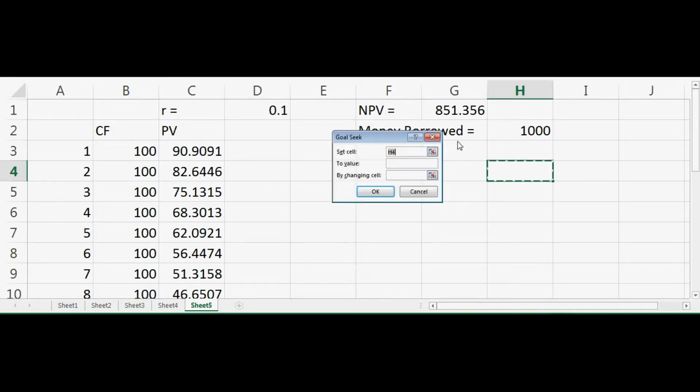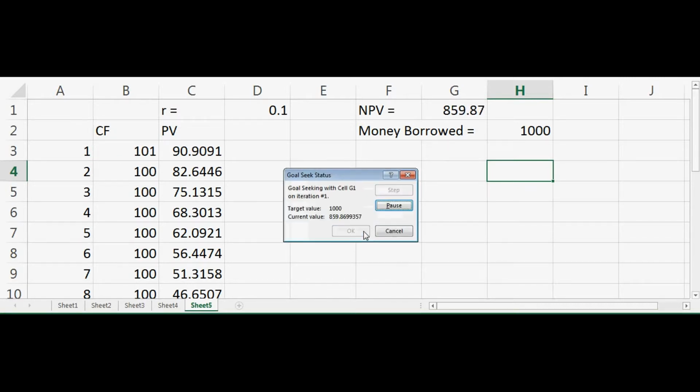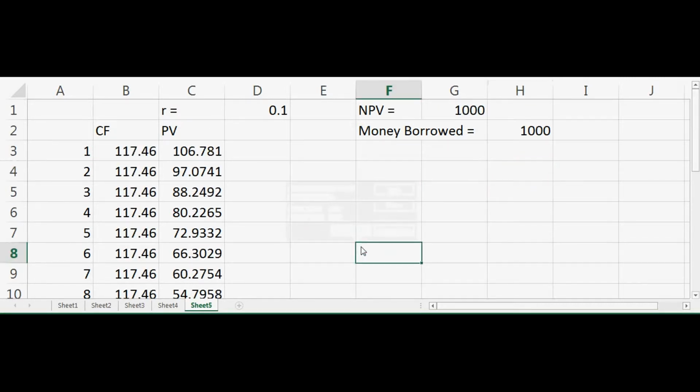It says set cell, so I'll say set cell net present value, and then to value, because the money borrowed is 1000, and then by changing cell, I'll say cash flow and say okay. So you can see that now the net present value is equal to the money which was borrowed, and the cash flow should be 117.46.